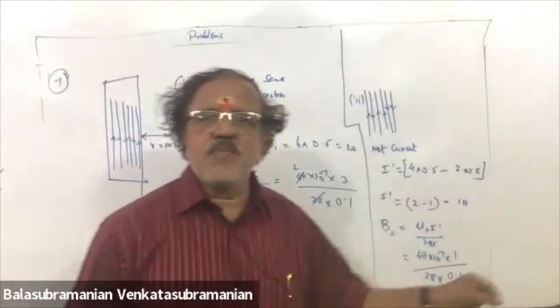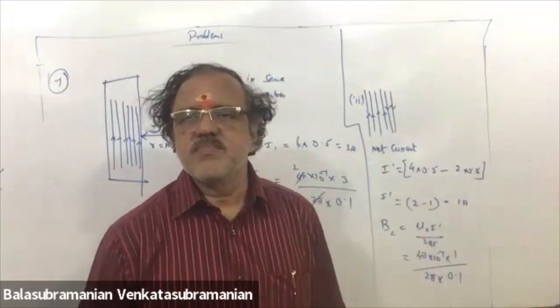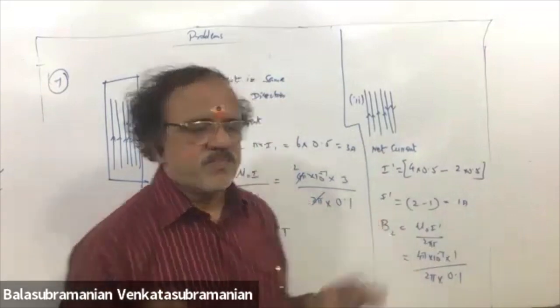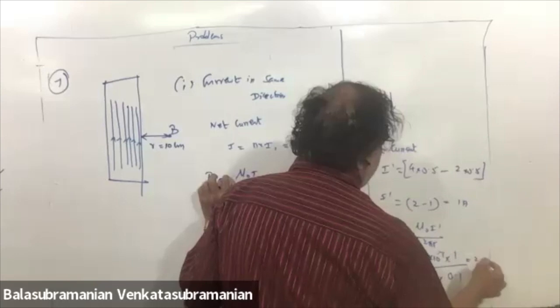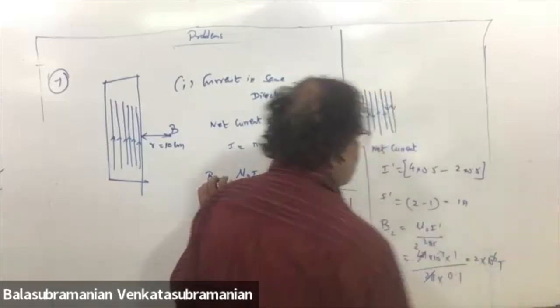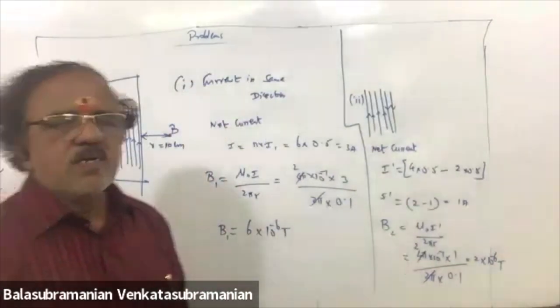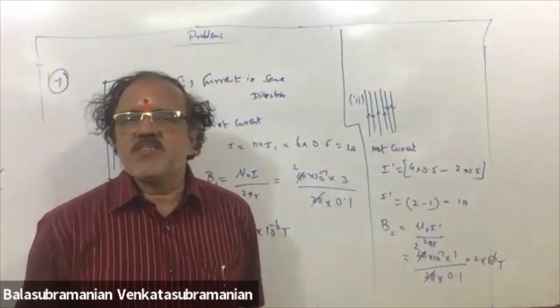That is 10 centimeter or 0.1 meter. Substitute. 2 into 0.1 is 1 by 10. 10 power minus 6. That is 2 into 10 power minus 6.